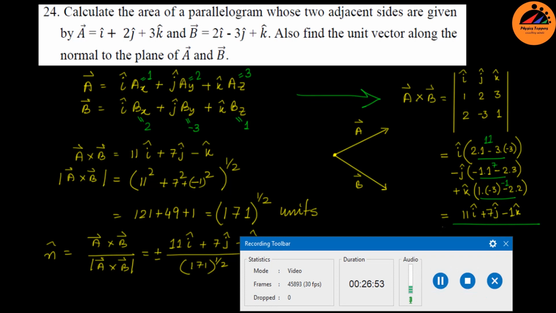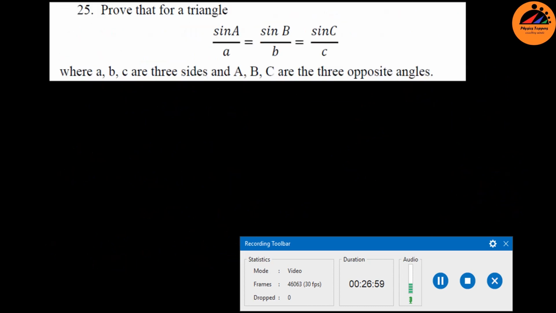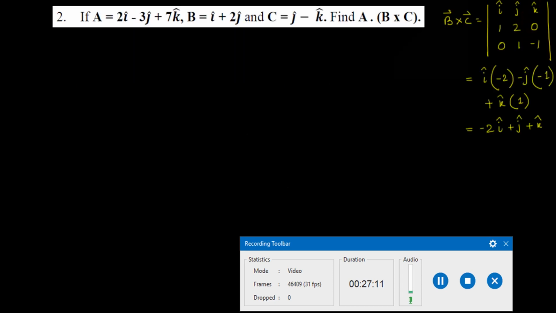I shall be doing a few problems on vectors. For example, I shall prove this. See, these numbers, I am taking the problem from my assignment. This law I shall prove, this sine law using cross product of vectors. I'll do this problem as well.